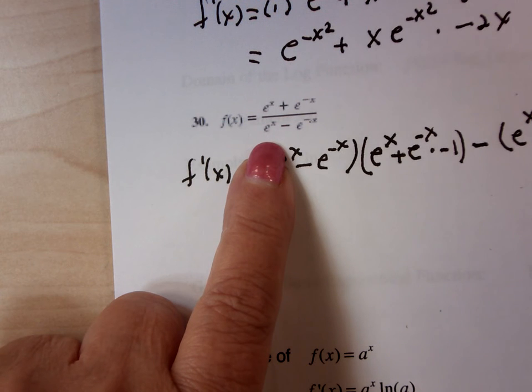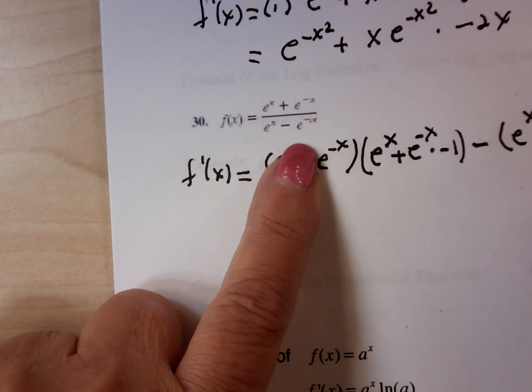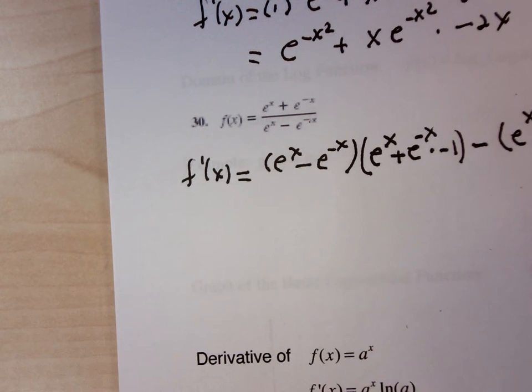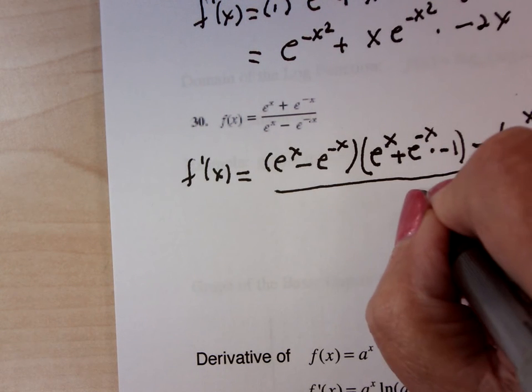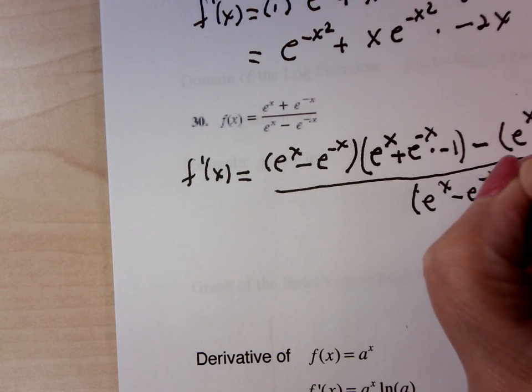Derivative of the denominator is derivative of e to the x is e to the x minus derivative of e to the minus x is what? E to the minus x times -1, all over e to the x minus e to the minus x squared.